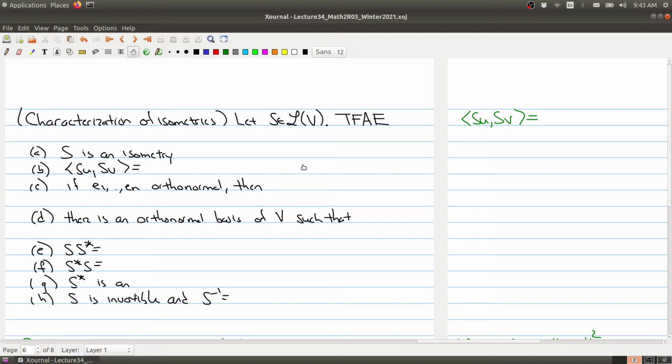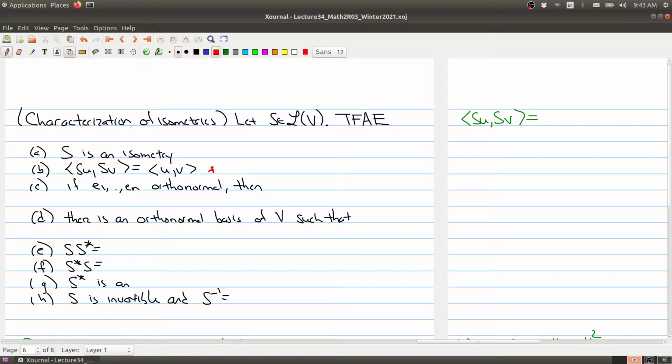Okay, and like the positive operators, there's a characterization of when an operator is an isometry. There's a whole bunch of things here that are very useful. So S is an isometry when you take the inner product of Su and Sv, it's the same thing as taking the inner product of u and v.